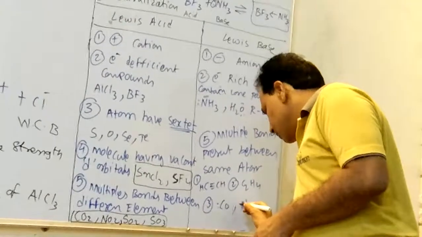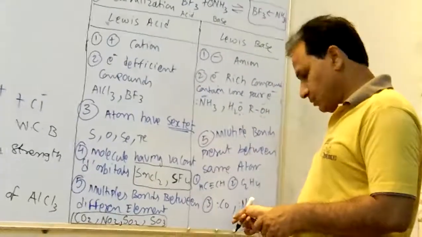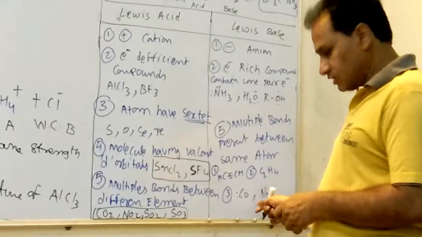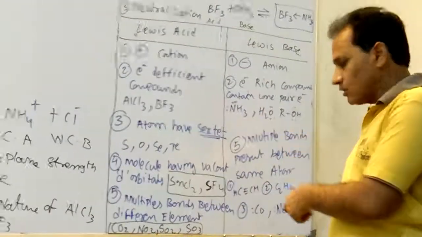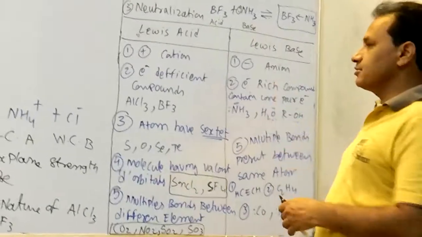That's why they donate the electrons. Different elements with multiple bonds, but they have lone pairs. They can act as ligands in complex compounds. That's why they act as a Lewis base.